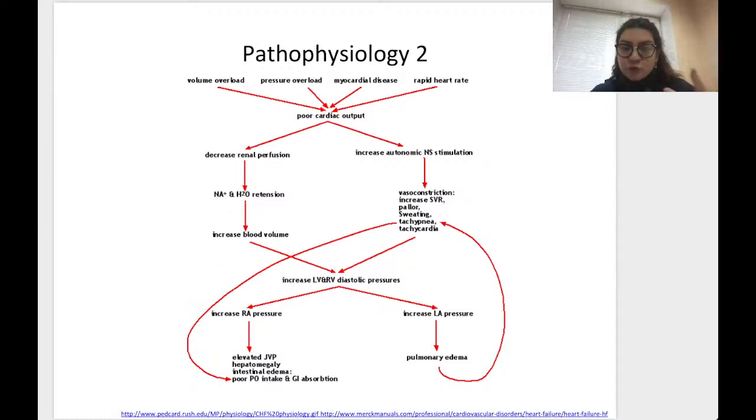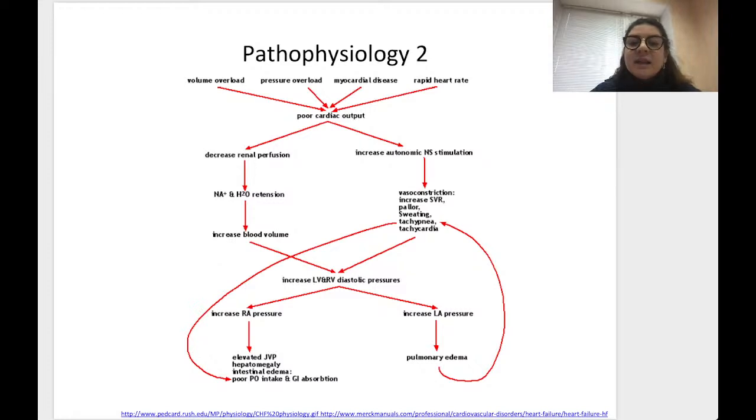According to which pressure increased more, there can be features of left or right heart failure. If there is increased right atrial pressure, it leads to elevated jugular vein pressure. It can lead to hepatomegaly, intestinal edema, and poor oxygen intake and GI absorption.